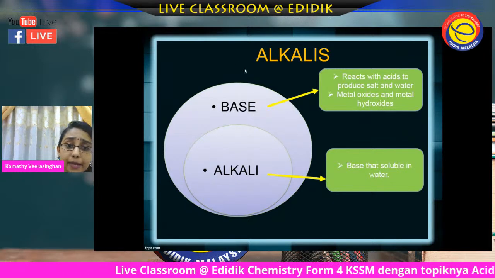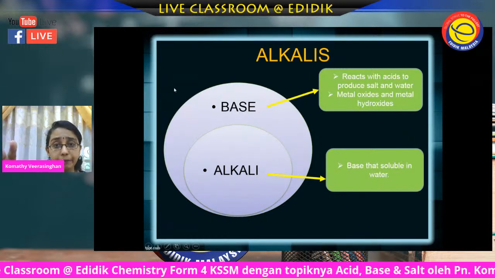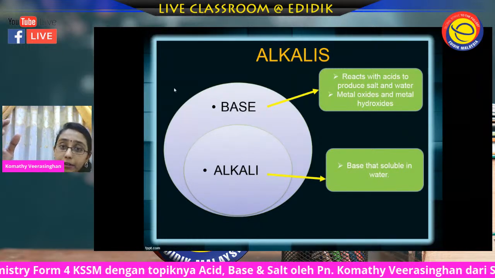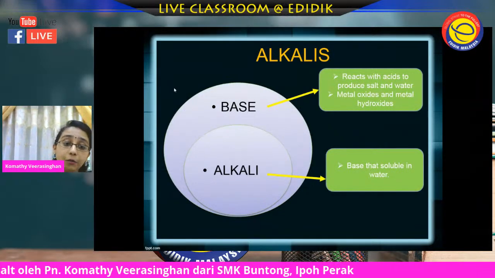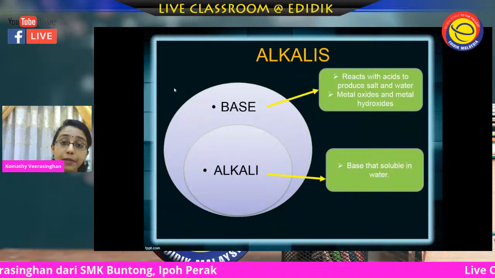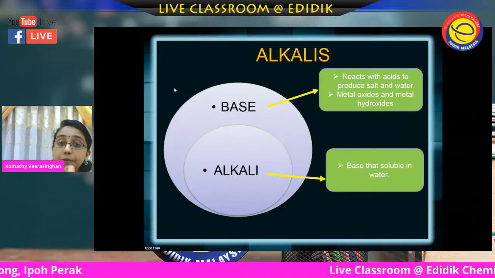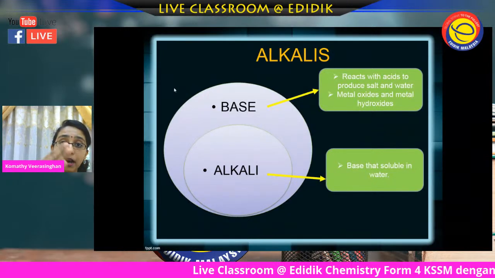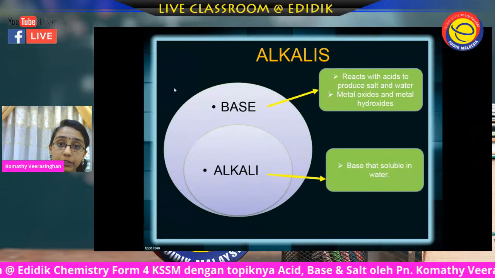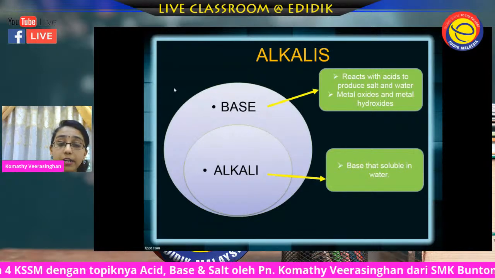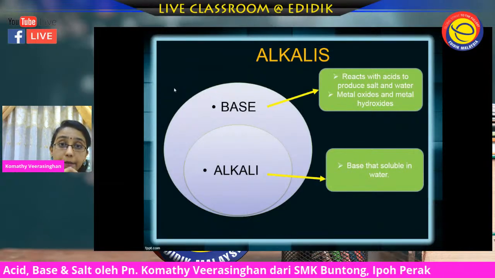That means the base is the huge group. All the metal oxides and metal hydroxides, as long as they react with acid and form salt and water, we call them bases. And among these bases, there are bases which are soluble in water and there are bases which are insoluble in water. So those bases which are soluble in water, we call them alkali.